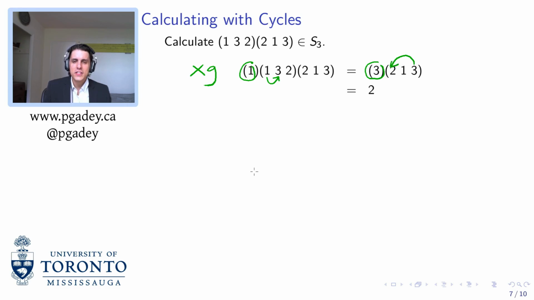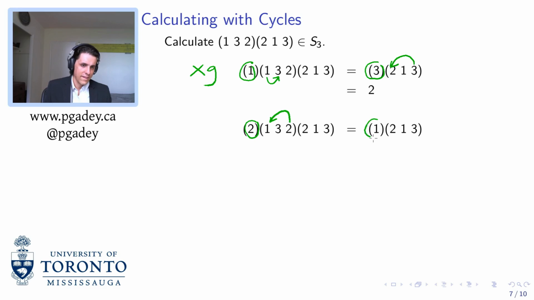Okay, let's see what this does to 2. We're going to take 2, feed it into this cycle. It outputs 1. So we get a 1 here. 1 gets sent to 3. So we see that we're outputting 3.